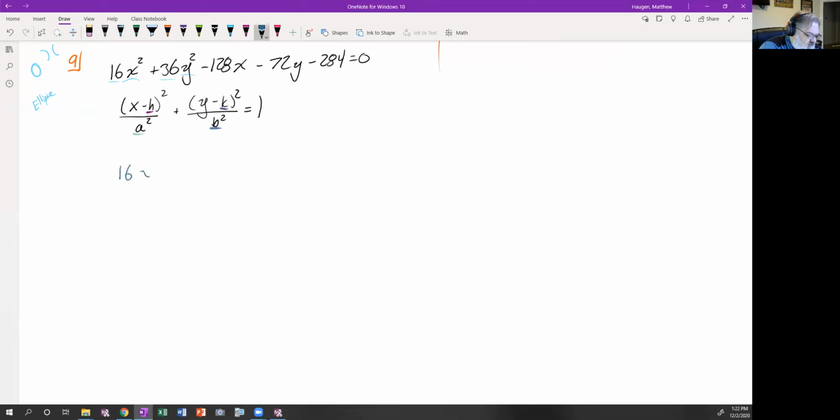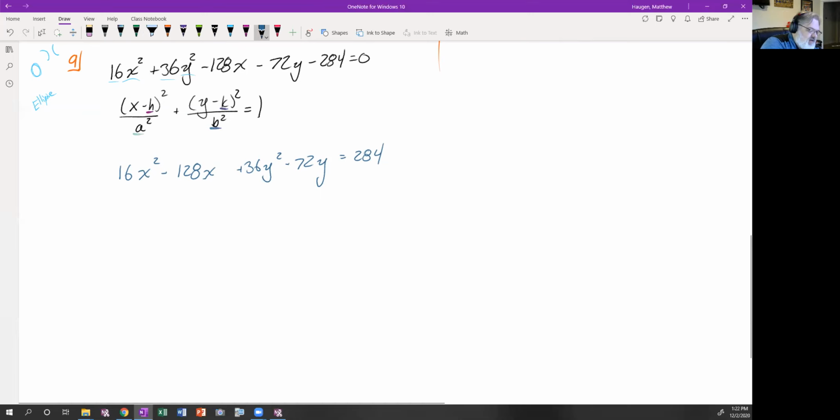We've got the 16x squared. I'm going to move the 128x next to it just to get all the x's in one place. And then the 36y squared minus the 72y, just to get all the y's in one place, and let that be equal to the now positive 284, just to get the constants on the other side.